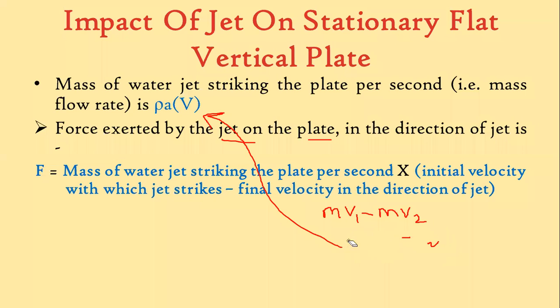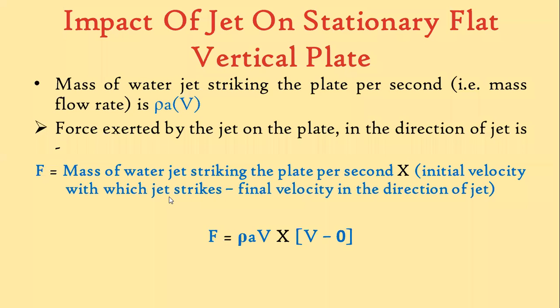So are you understanding? Yes, sir. Okay, so the mass of water jet striking the plate per second is rho av into initial velocity. Initially, before striking the plate, the jet is traveling with a velocity capital V, right?